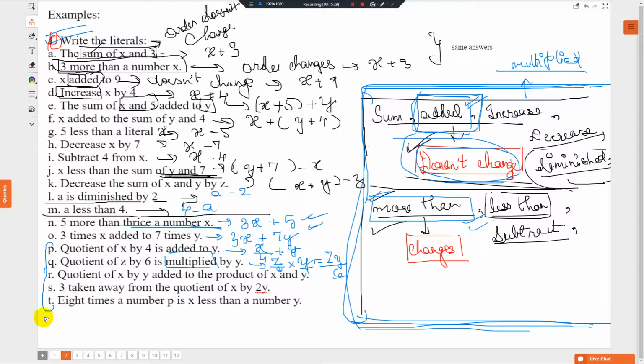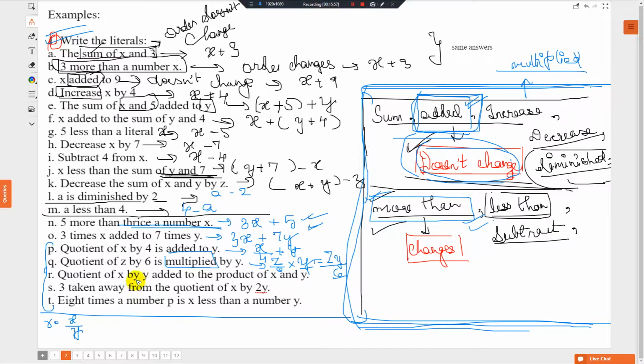Now when quotient of x by y added to the product of x and y. What does that mean? Quotient of x by y means x divided by y.